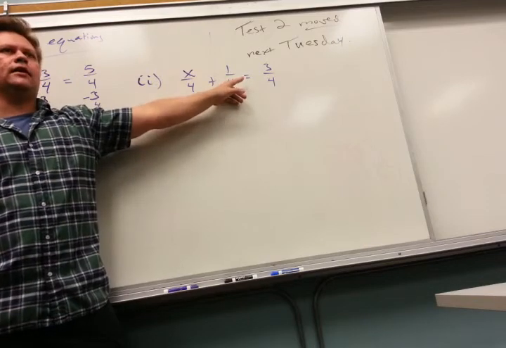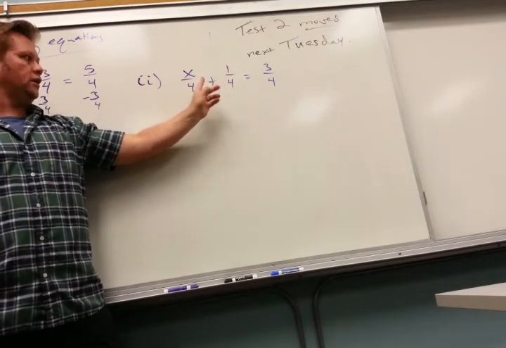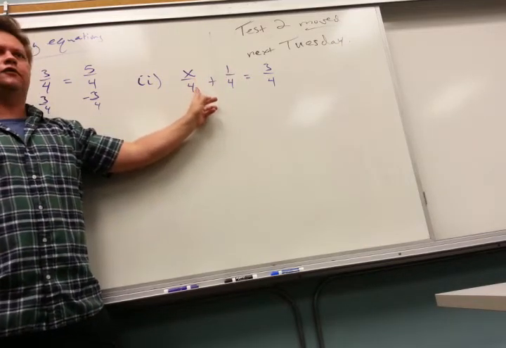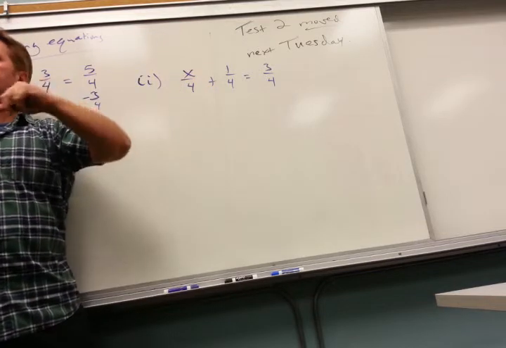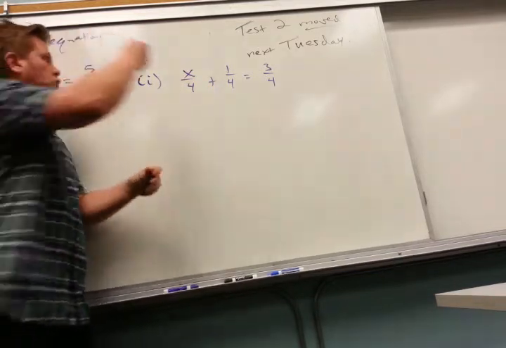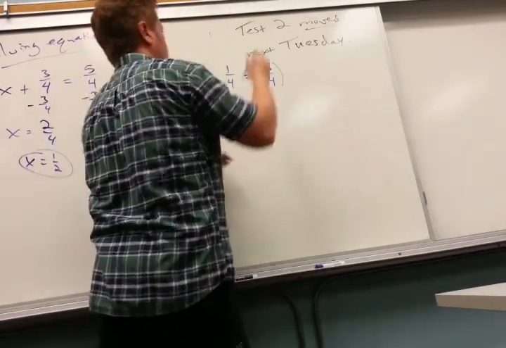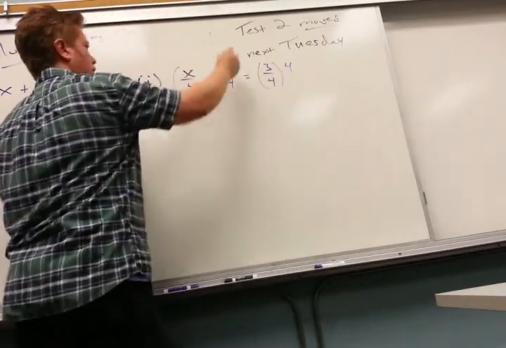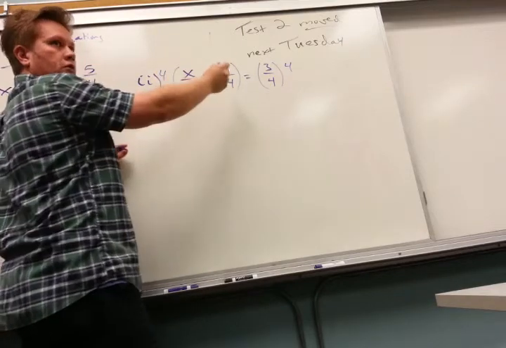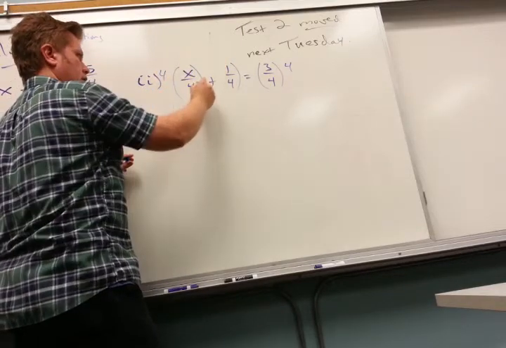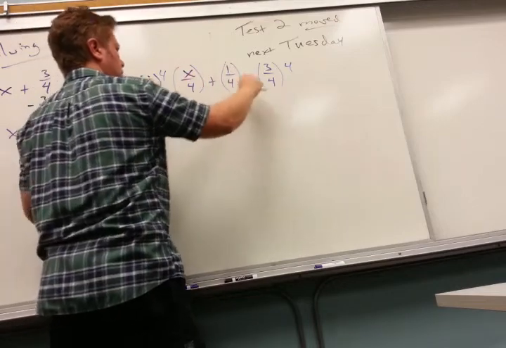But why am I allowed to kill a fraction? What does this really mean? What's the operation for division? So how do I kill it? Multiply. I would multiply each side by 4. But really, if I multiply this side by 4, I have to distribute. So what I normally tell you guys to make it easier to see is I multiply each piece by 4.